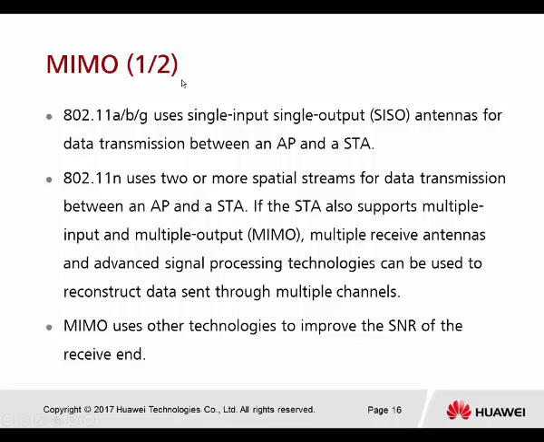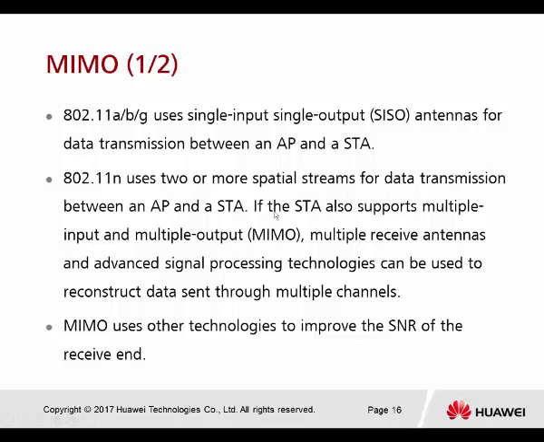Then the next one, MIMO. The previous versions, A, B, and G, only use single input, single output antenna for the data transmission between the AP and the STA. 802.11n uses two or more spatial streams for the data transmission between an AP and STA.